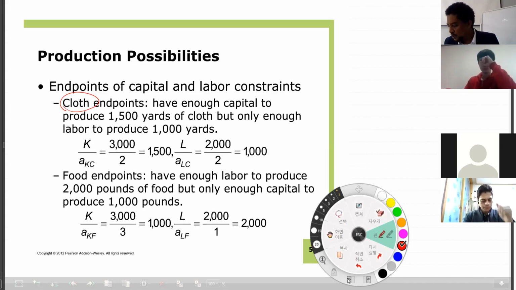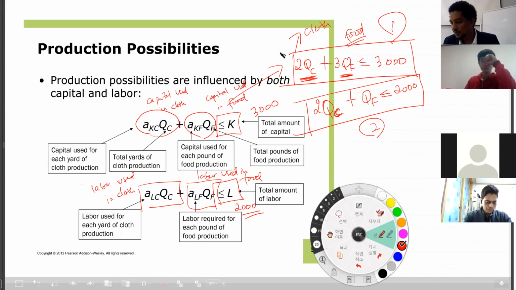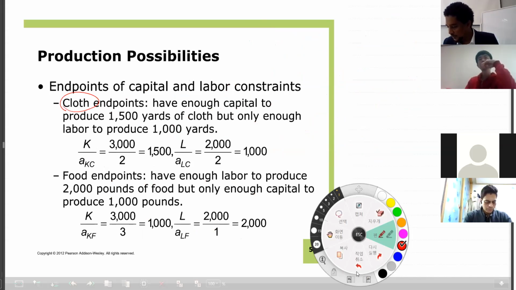Okay, so don't forget these two equations here, this first one and this second one. This one is for capital, and this is for labor. Because we are now using these equations to compute the capital and labor constraints of our graphs. Okay, so let's find the endpoints.